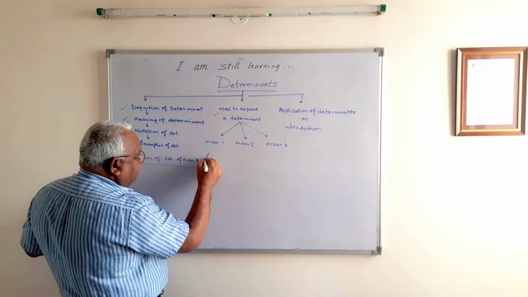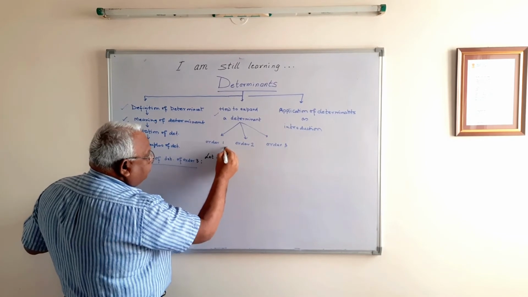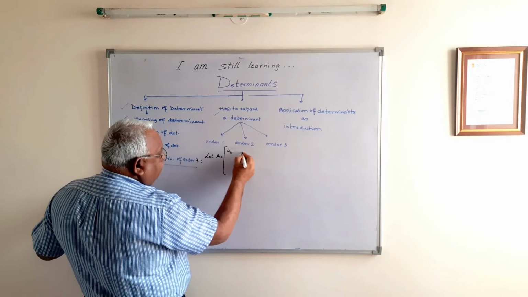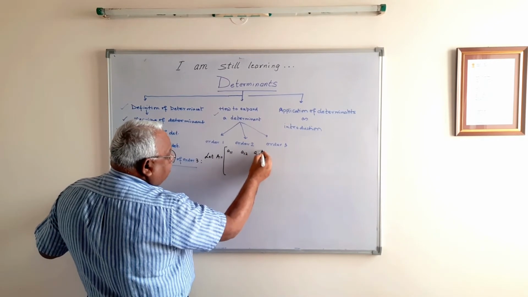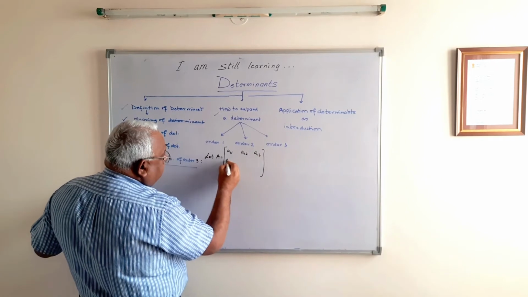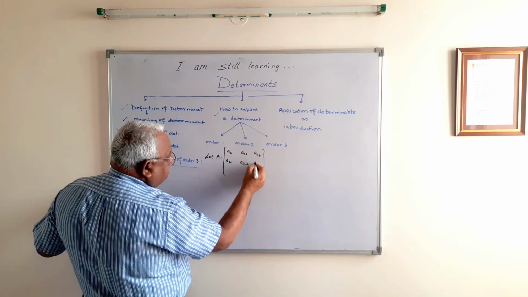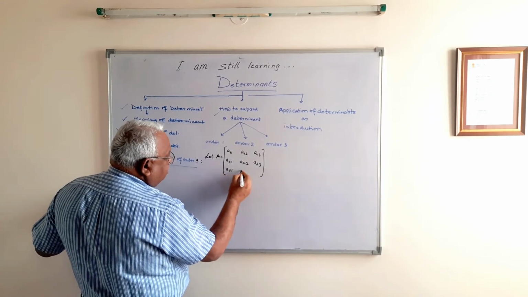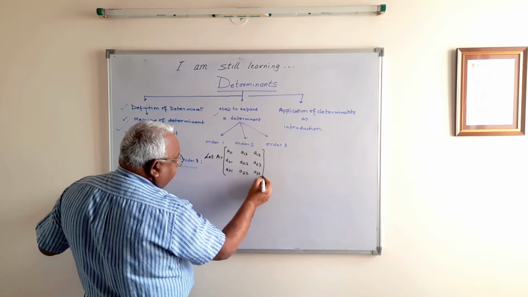So here you will define, let A is equal to, just listen carefully, A11, A12, A13, A21, A22, A23, A31, A32, A33.